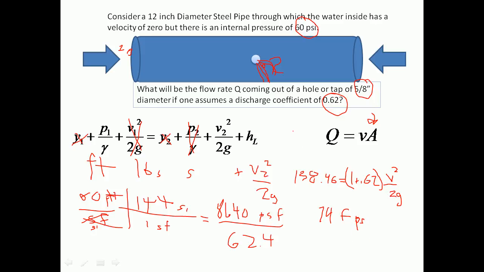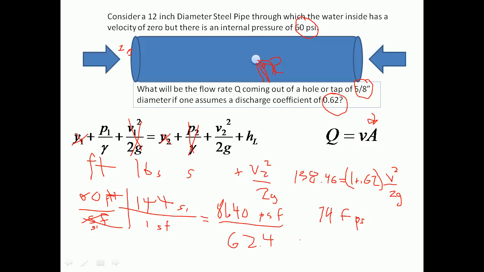Which of course doesn't get you the answer. You want the Q rate, and you need to know the area. The area of a 5/8 inch diameter pipe would be the radius squared multiplied by pi.